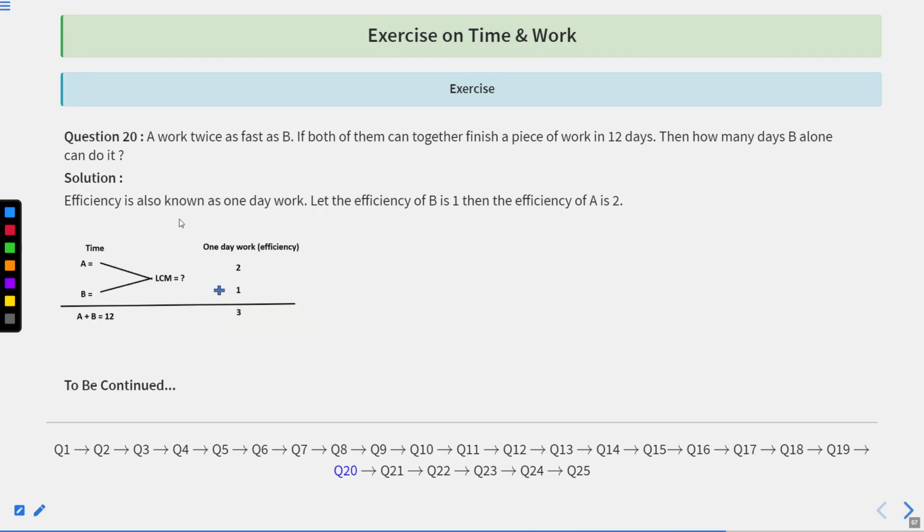So the efficiency is also known as 1 day work. Let the efficiency of B be 1, then the efficiency of A is going to be 2.